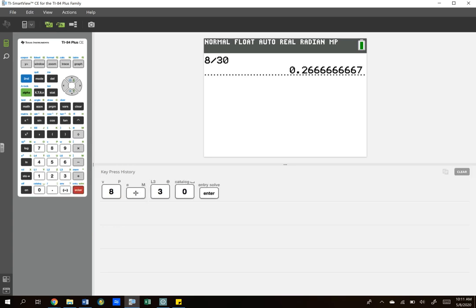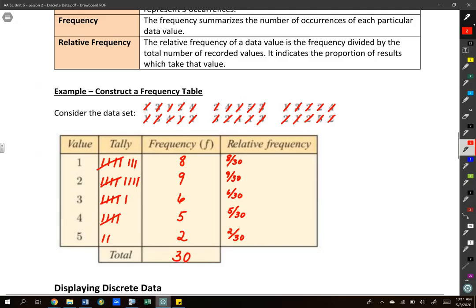And we get, I'm going to round to the nearest thousandth, 0.267. Right, so that's a frequency table. We have noted our frequency and we've noted our relative frequency.